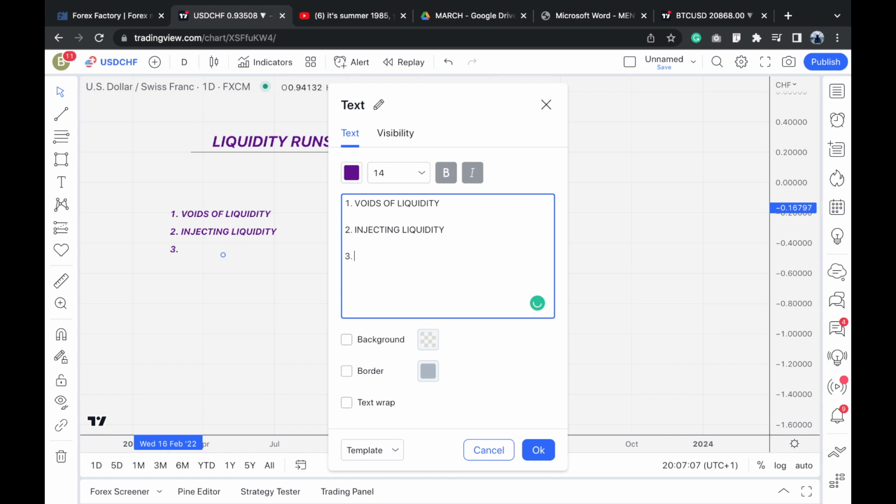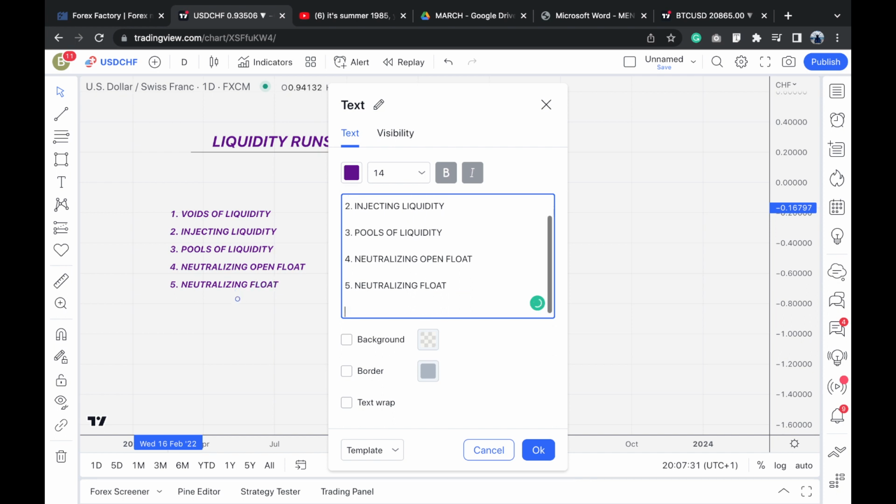We're going to be talking about pools of liquidity, neutralizing open float, neutralizing pending float, number 6, engineering liquidity.